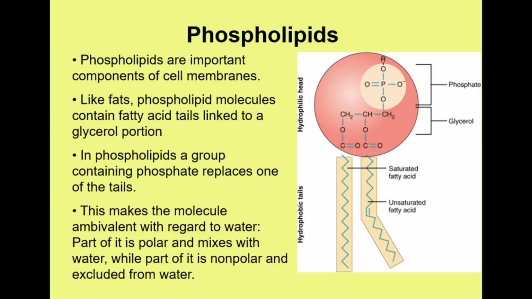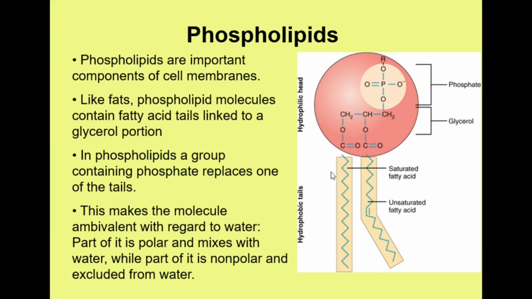Now, that might not seem very important, but it really is, because it changes the behavior of phospholipids completely from triglycerides. And that's because I mentioned right at the beginning of this that the main behavior that all lipids share, and the thing that groups them all together, is their low solubility in water. They are all water hating or hydrophobic. But phospholipids are a bit of an oddity in the sense that part of the molecule, the part that contains the fatty acid tails, is hydrophobic, as with most lipids.